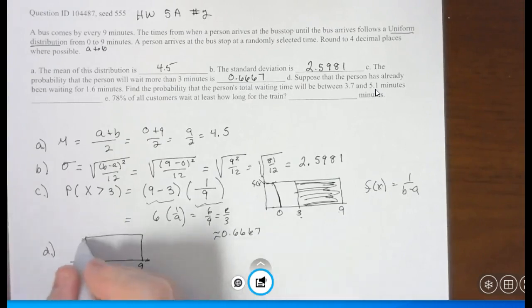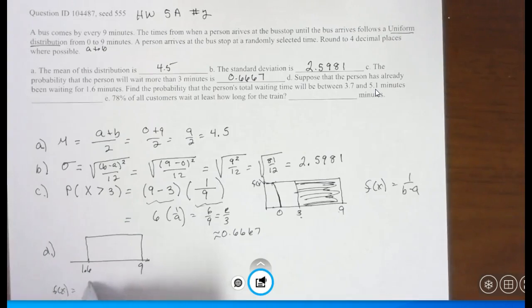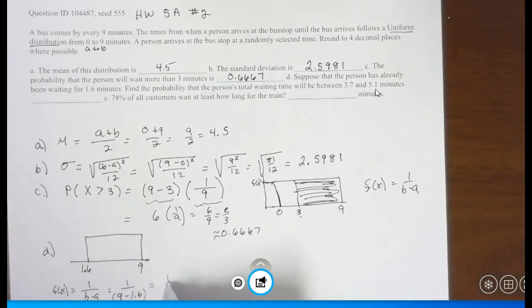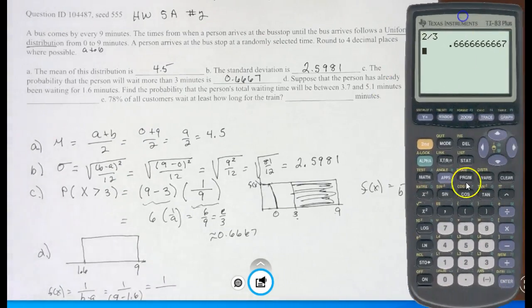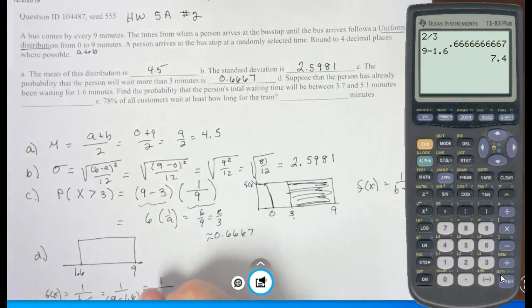Okay? So that's going to change our f of x, which is 1 over b minus a, because our a has changed. So that's going to be 9 minus 1.6, and I get 7.4.